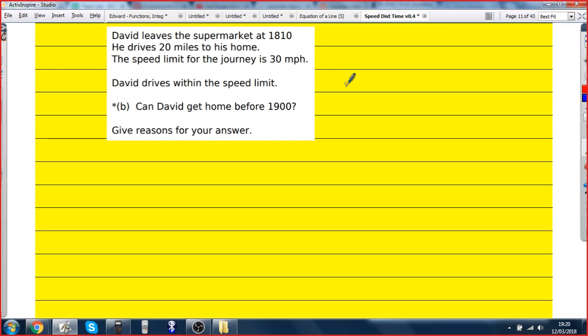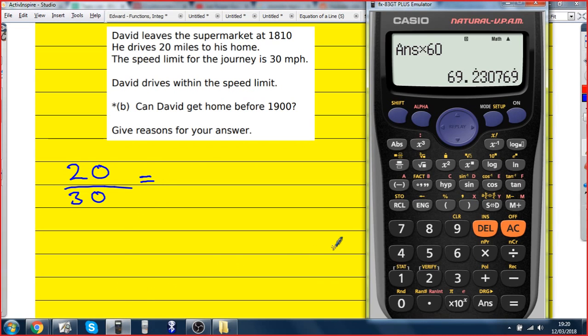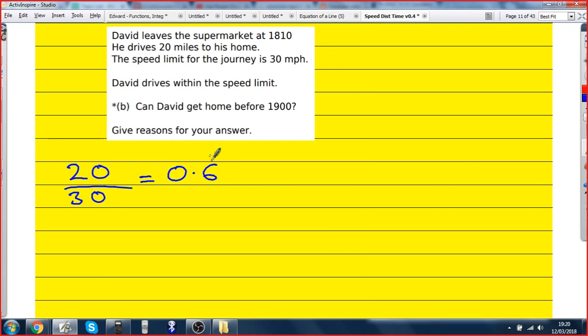So would you do 20 divided by 30? Yeah. So 0.6 recurring, or 2/3. No, actually. 20 miles.